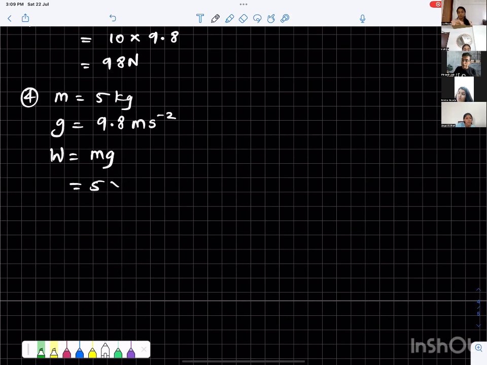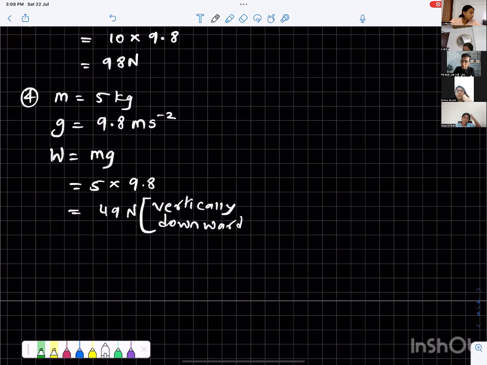So mass is 5, gravity is 9.8, 49 Newton. So this is the magnitude. You know the meaning of magnitude, right, Krisha? It means a value. Aditi, close your mouth. And direction will be what, guys? Here it will be vertically downwards. Good, everyone?